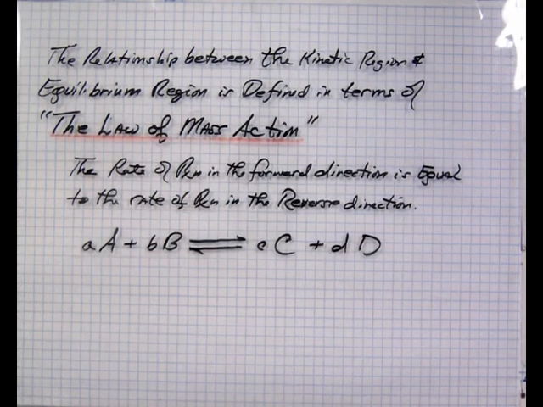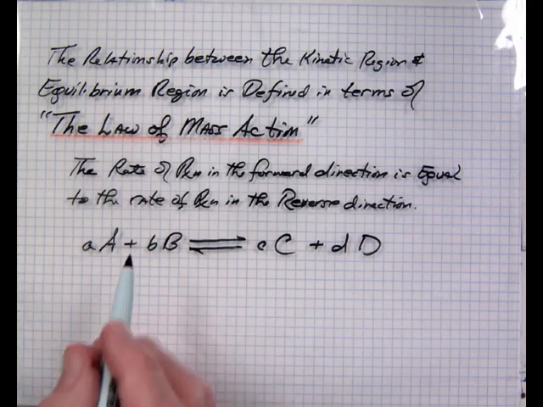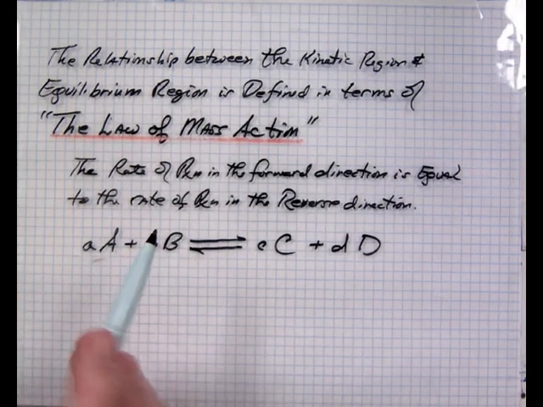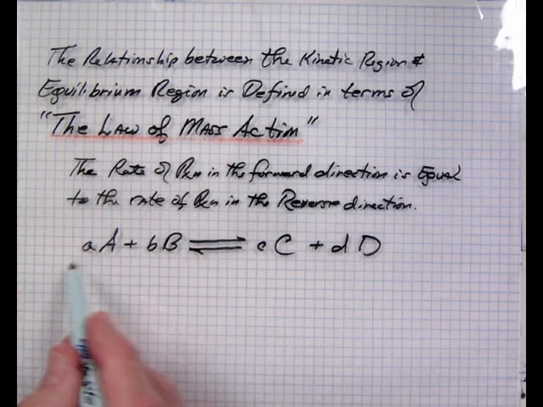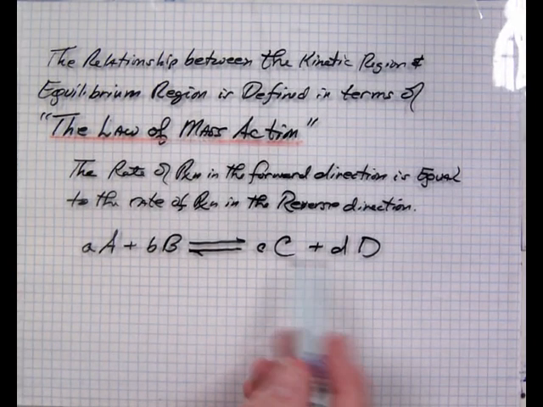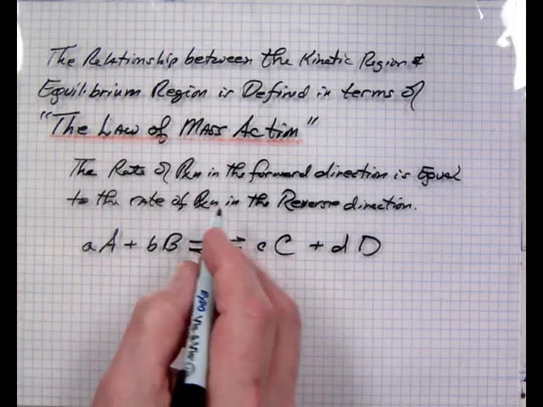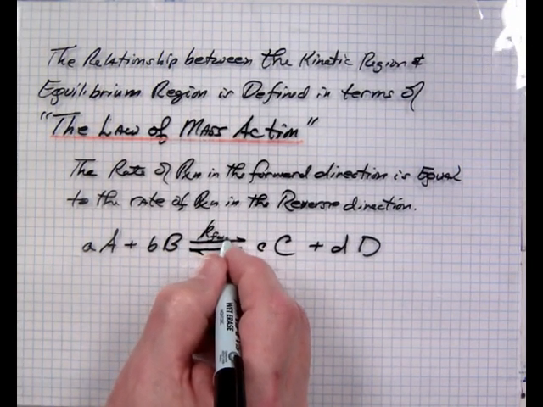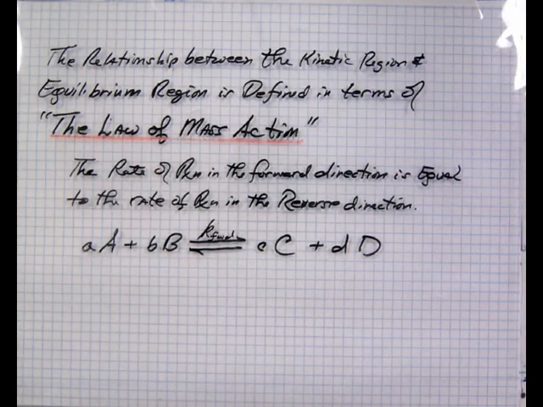Consider this hypothetical empirical type reaction where A's, B's, and C's are substances, and lowercase a, b, c, d's are coefficients. If we are examining the reaction from the A-B side to the C-D side, we have a rate constant forward, like that.